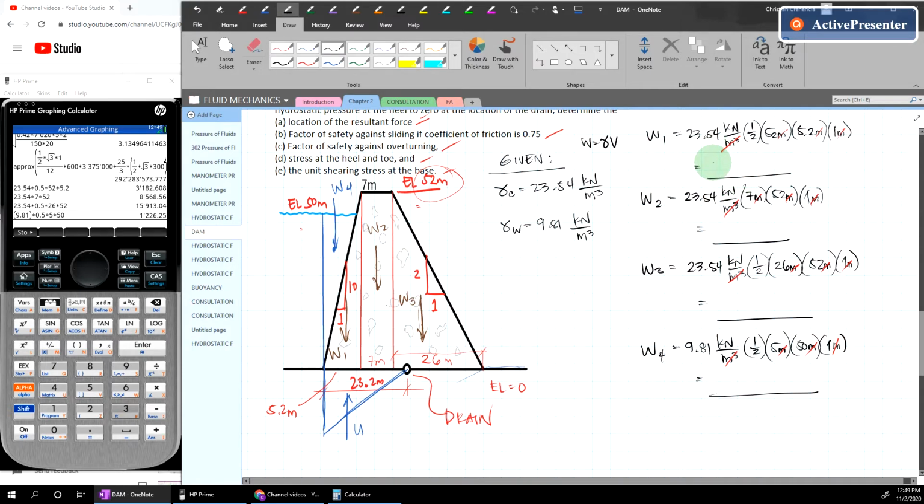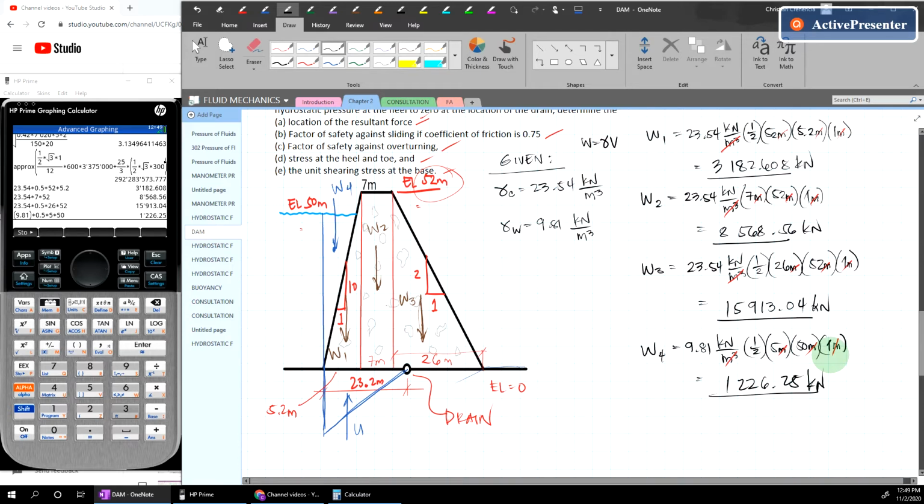So we have 3,182.608 kilonewton. Next is 8,568.56 kilonewton then, and 15,913.04, and yung sa water naman is 1,226.25 kilonewton.